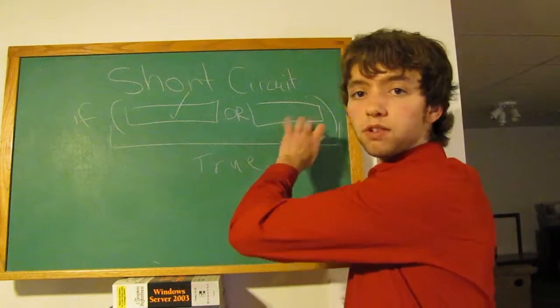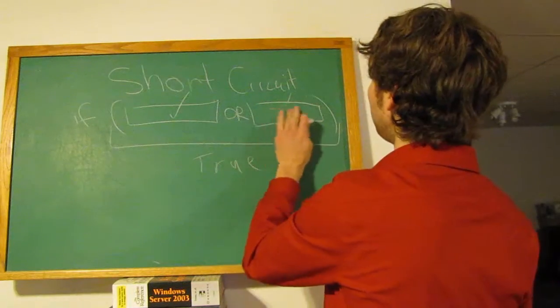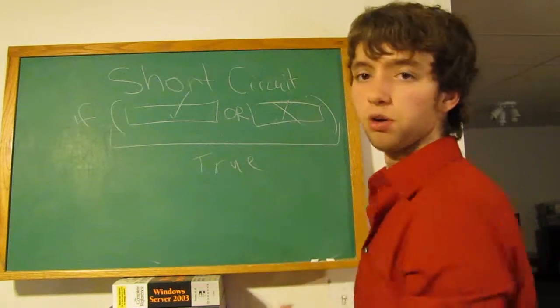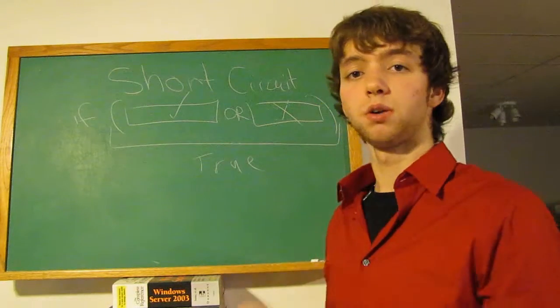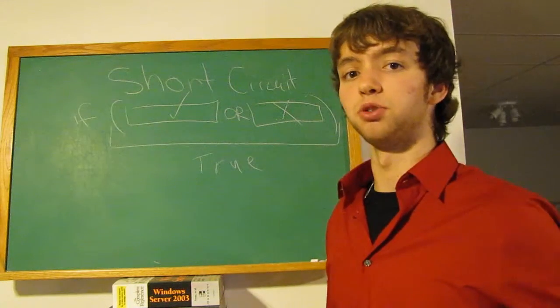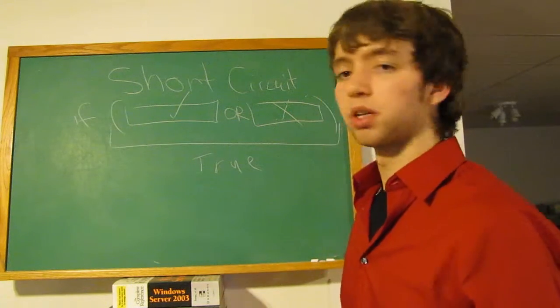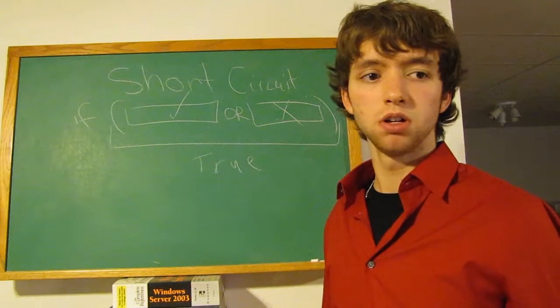Even though we never even looked at this one. This one could be true, it's still true. Or this one could be false, and it'd still be true. Does that make sense? Basically, it's going to take a shortcut to skip over unnecessary testing to make your program faster. That's pretty much all that short circuiting is about.